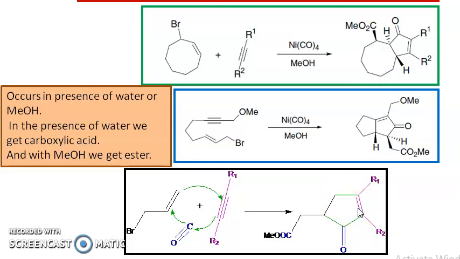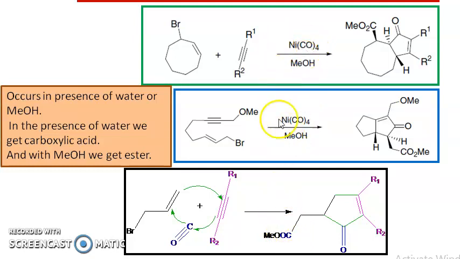So that's the way you can write the product. You must also remember that you have to change the halogen part on the allyl system to either COOH or COOMe, depending upon the solvent used. And you must remember that one of the carbonyl groups of COOMe or COOH is obtained from the nickel tetracarbonyl.